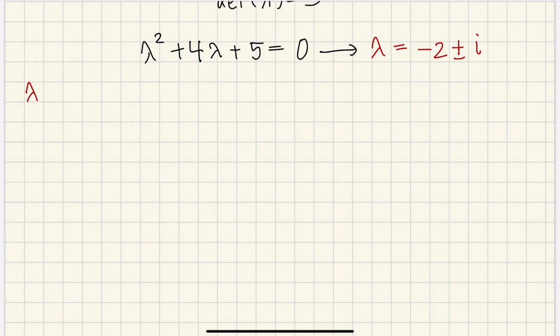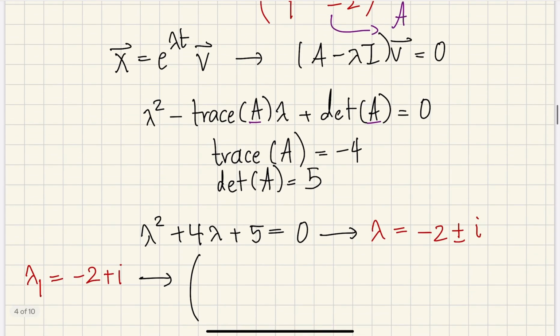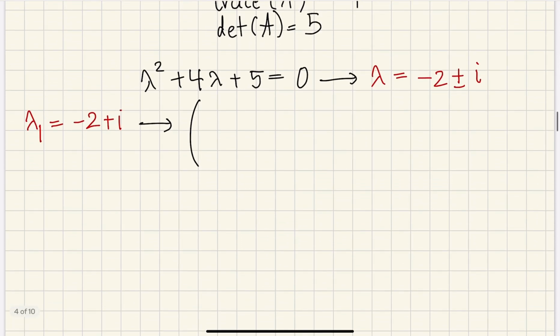Okay, now as usual, we will deal with each of these separately. -2 plus i. Then if you do this business now, which is A minus lambda I, we get -2 minus lambda, -1, 1, -2 minus lambda.